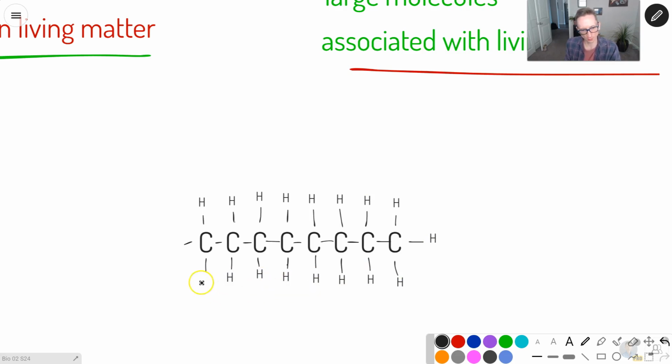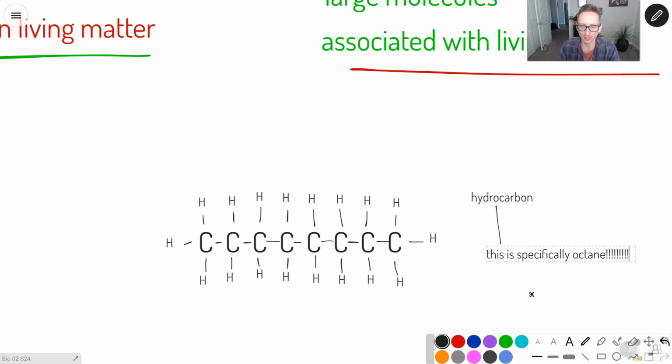All right, so this would be an octane. This is a hydrocarbon, because it's got hydrogen and carbon. There are lots of different types of hydrocarbons. This one has 8 carbons, so this is specifically octane.